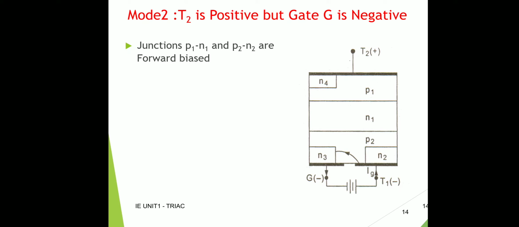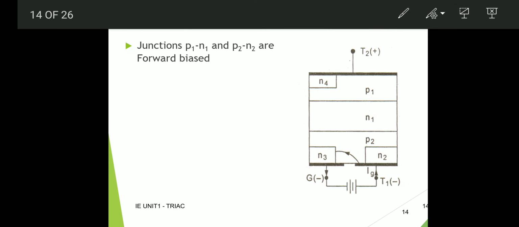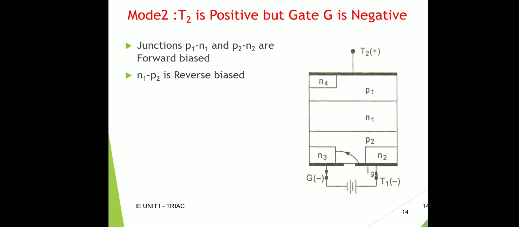T2 is positive, P1 N1 are forward biased. What about the other junctions? When the gate is negative, P2 N2 are also forward biased, because T1 is connected to P2 and N2.